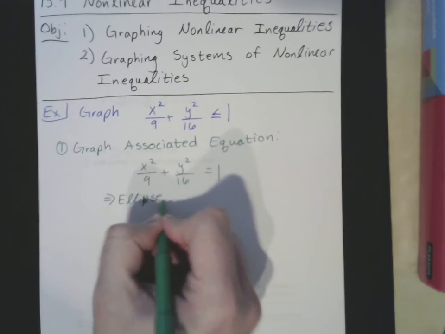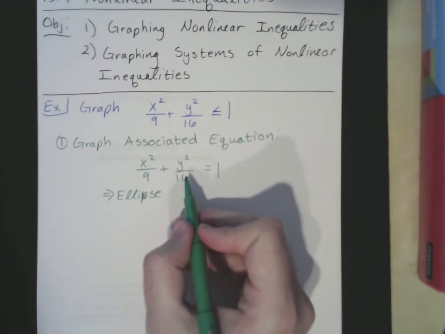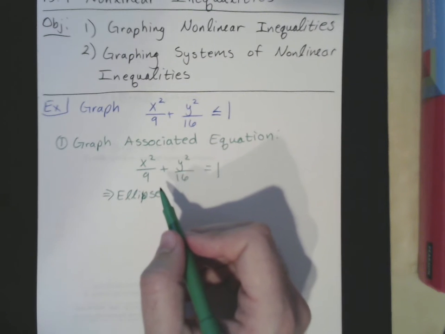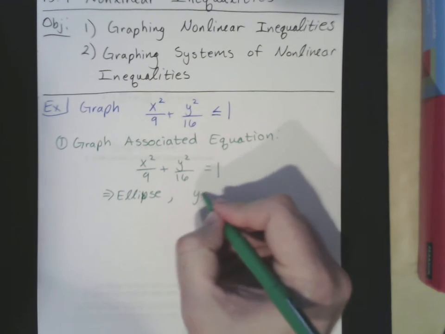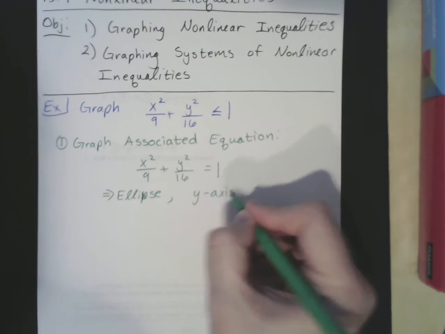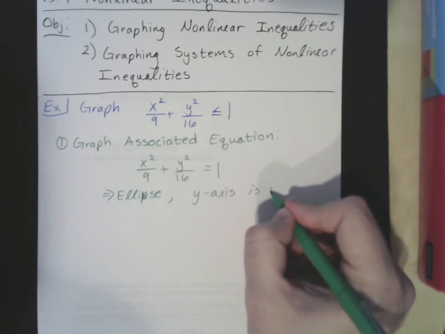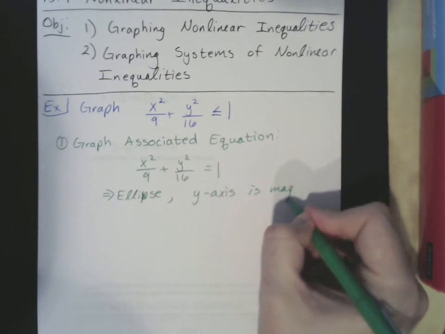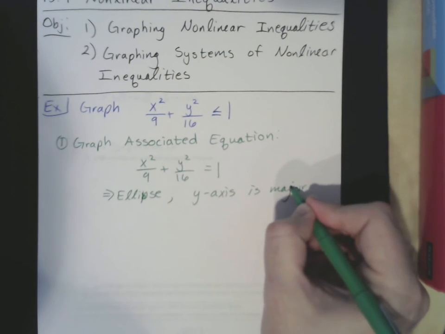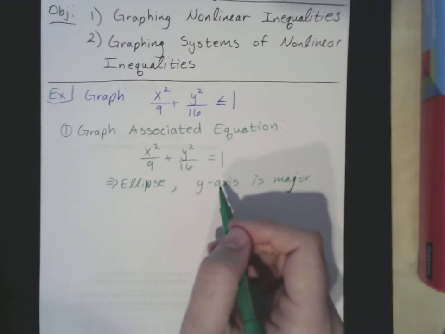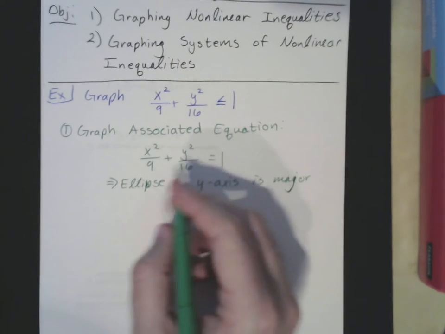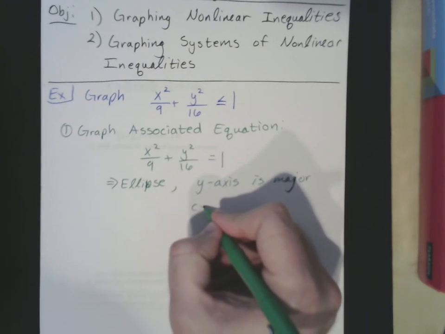Ellipse is a P, not a B. And since the denominator on the y is the larger number, the y-axis is the major axis. And we know that it's just x squared and y squared, so the center is 0, 0.